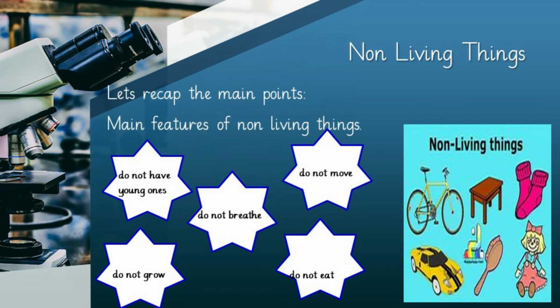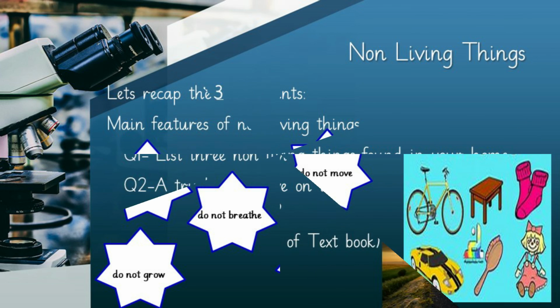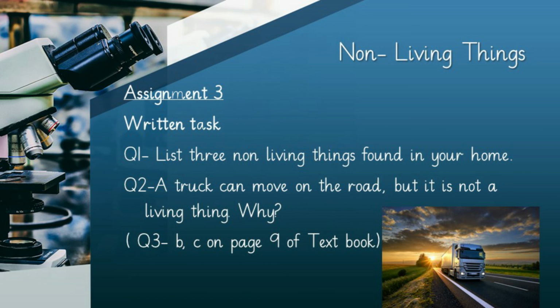If you look at the given pictures of non-living things like table, brush, car, bicycle, toys, you can relate all these main features with these examples. I hope that the main features of non-living things have been clarified.